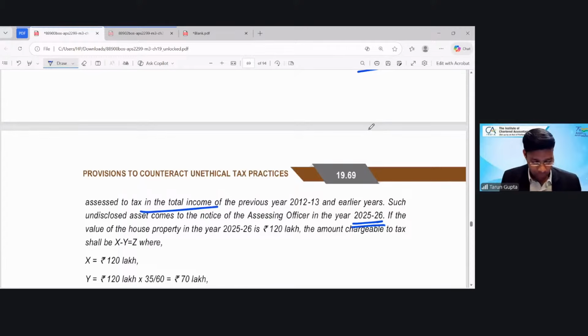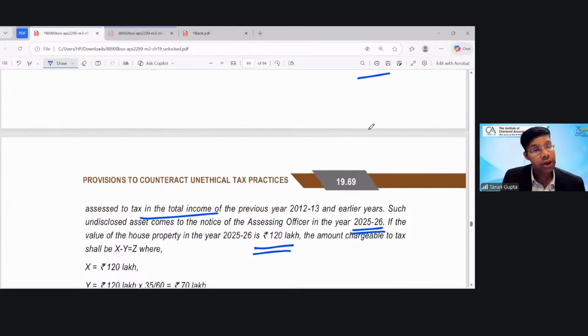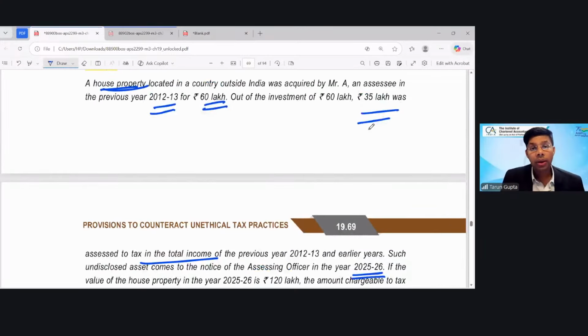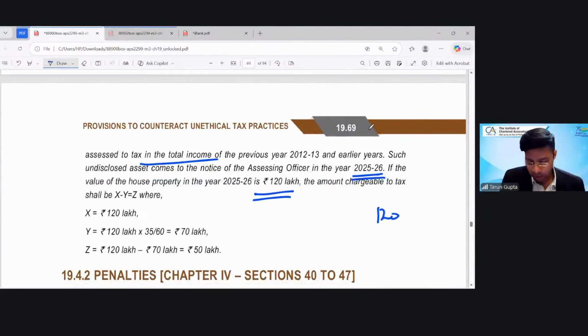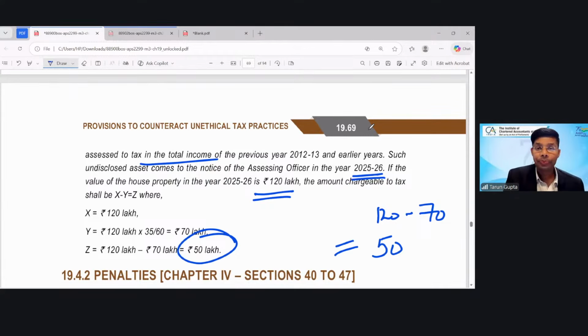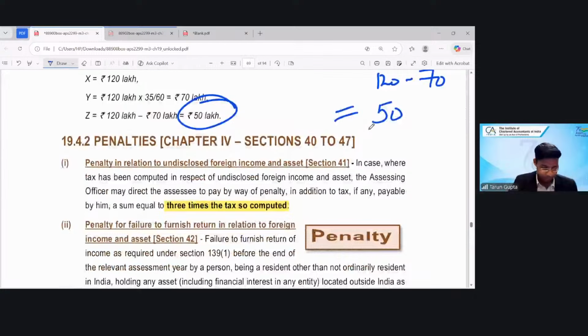If the value of house property is 120 lakh, so the value shall be 60 lakh or 120, whichever is higher, 120. But out of 60, the explained part was 35. So out of 120, the explained part would be 70. So the undisclosed asset shall only be 50 lakh.